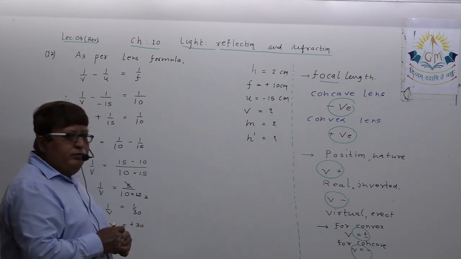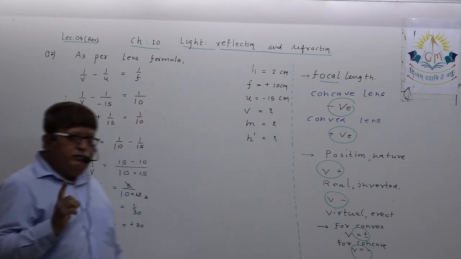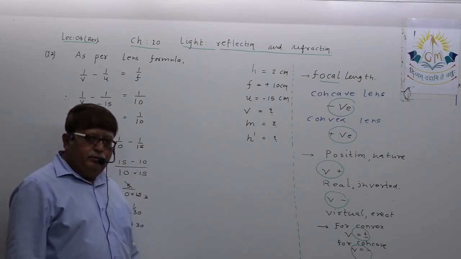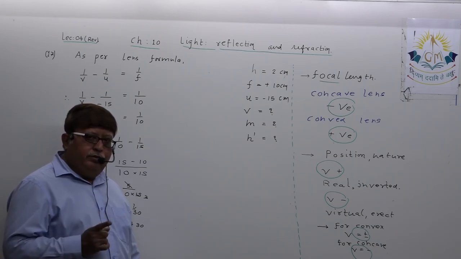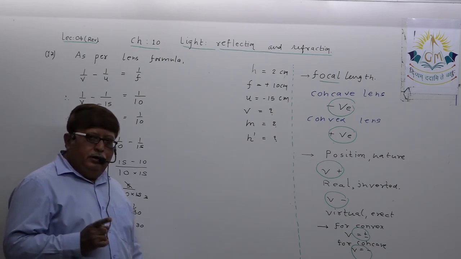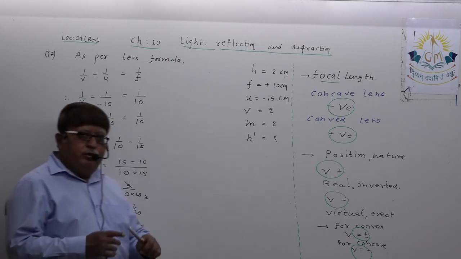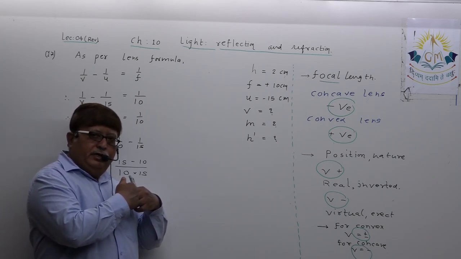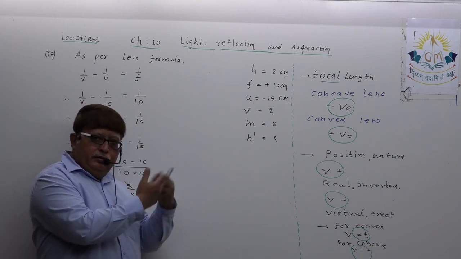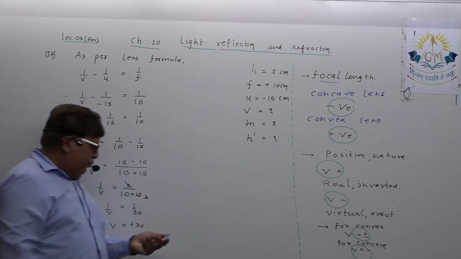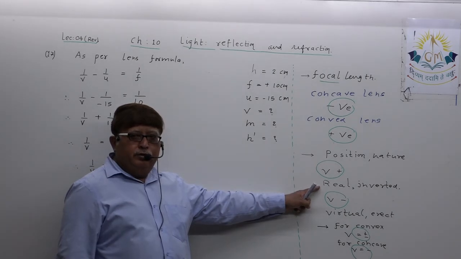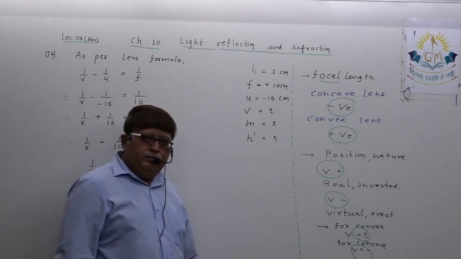lens. So you can already be sure about a few aspects. Which are those? V positive means the image is obtained at a distance of 30 centimeter on the other side of the lens, and because V is positive, the image is real and inverted.